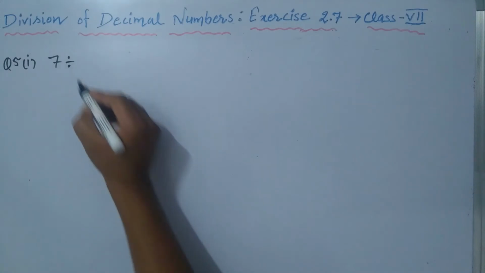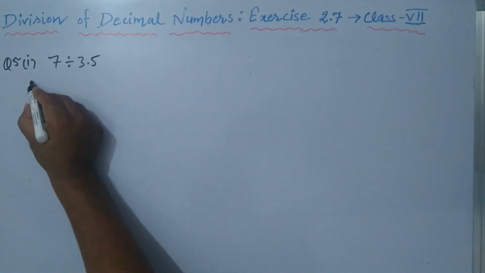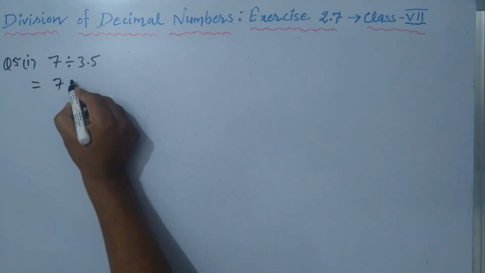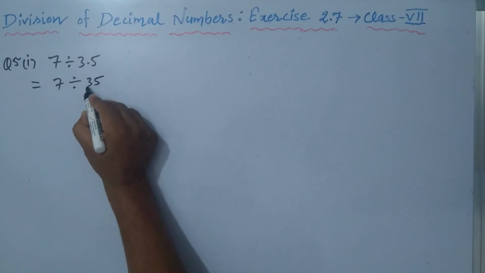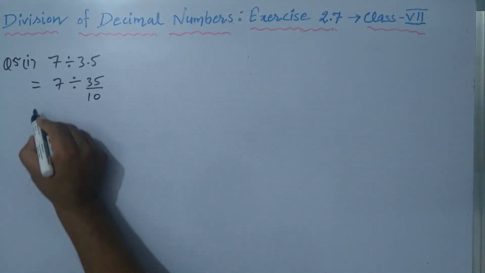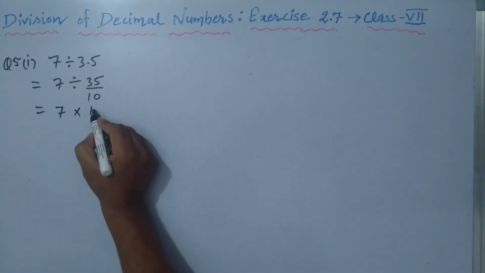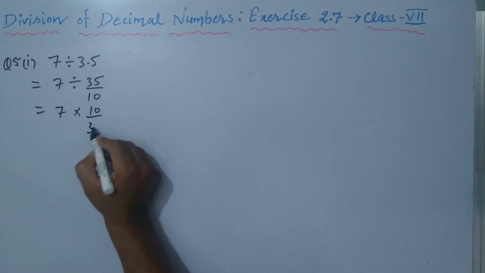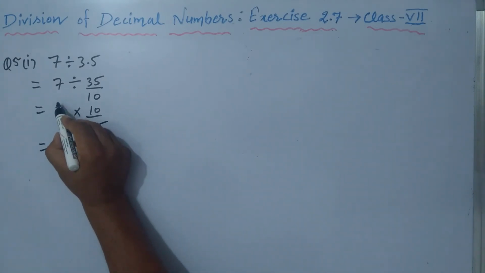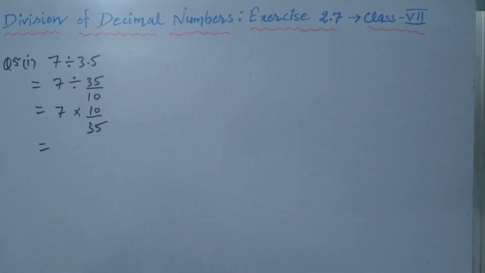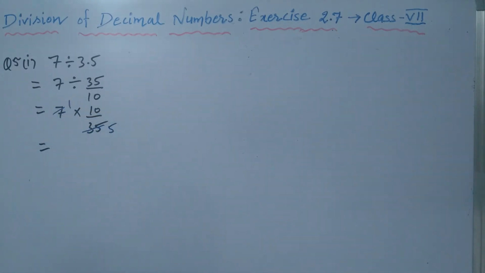7 divide 3.5. This means 7 divide 35 upon 10. This means 7 into 10 upon 35. So this is equal to 7 ones are 7, 7 fives are 35.